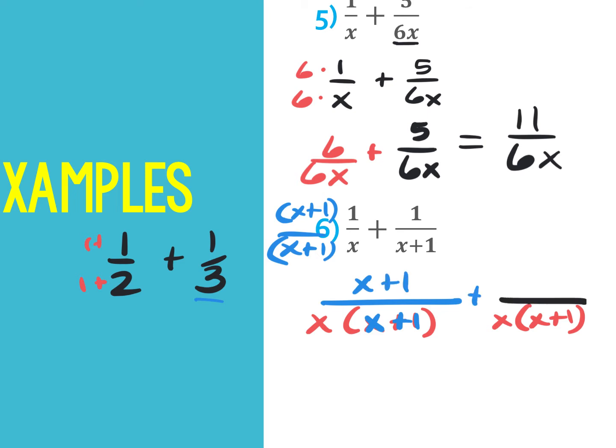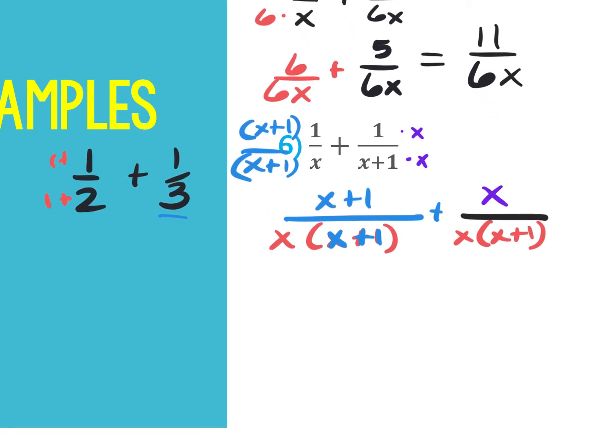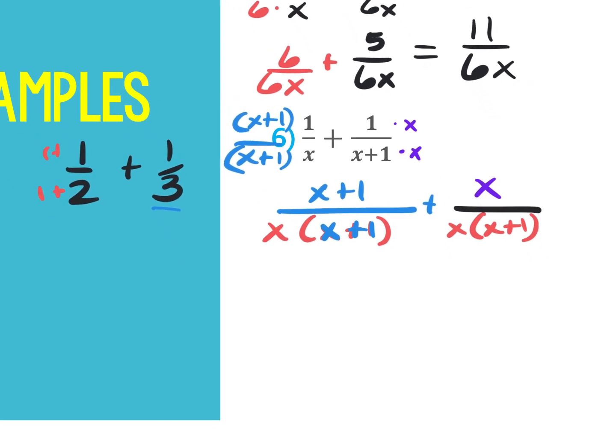Then over here, this one is missing the x. So we're going to times this by an x and this by an x. Now that I found the common denominator, now I need to add my numerators. So now it becomes x plus 1 plus x, and then it's over the common denominator.